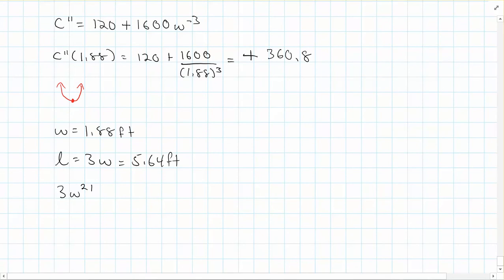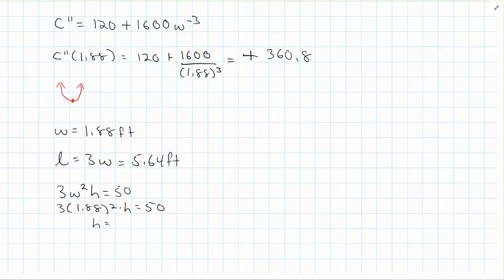So 3 times 1.88 squared times H equals 50. So solving that, now I'll just plug it into my calculator. You get H is 4.72 feet. And so we're done with the problem.